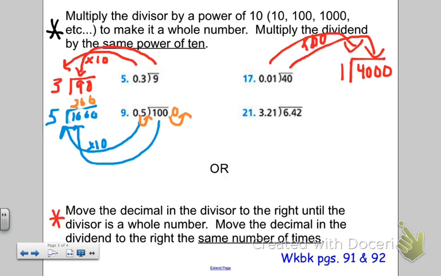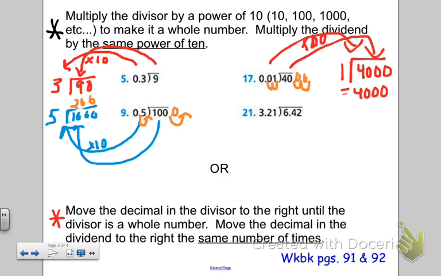So basically I'm doing 4,000 divided by 1, which obviously is 4,000. Again, if you want to think in terms of moving the decimal point, move the decimal point once, twice here to make that a whole number 1, and move the decimal point once, twice in the dividend to make that 4,000.